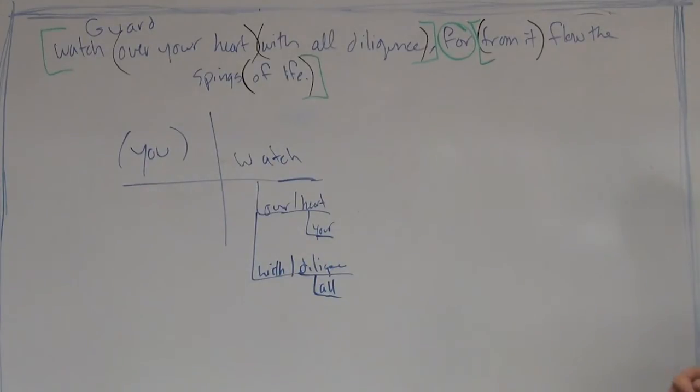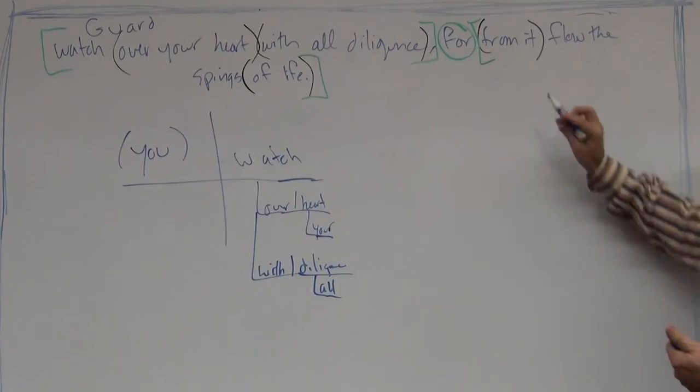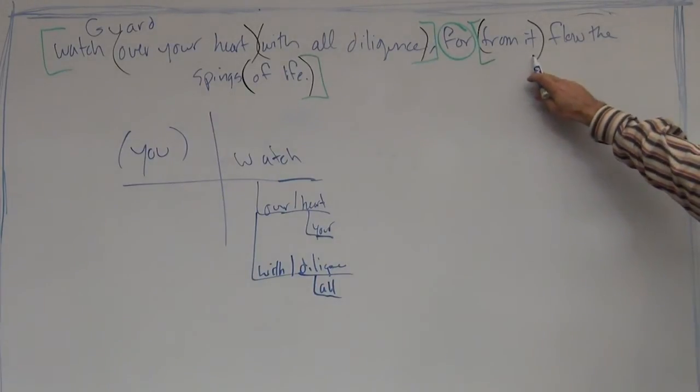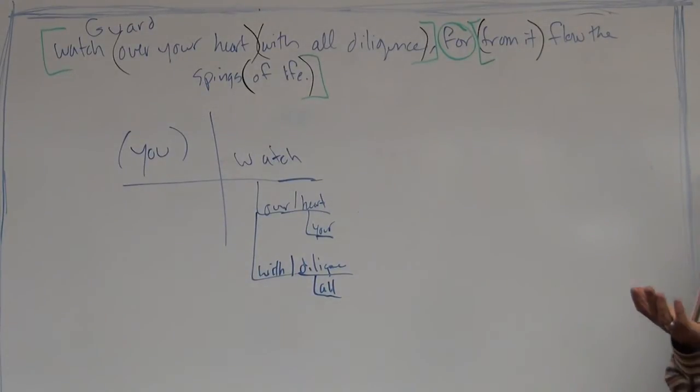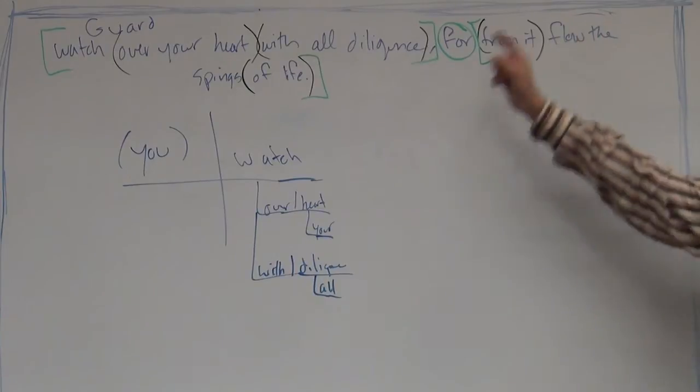Verse 4, what do we do with "from it flow the springs of life"? What's our subject? Springs. Yeah, why can it not be "it"? Yeah, it's inside a prepositional phrase. And it sounds kind of funny, this sentence, when you say, "it flow."